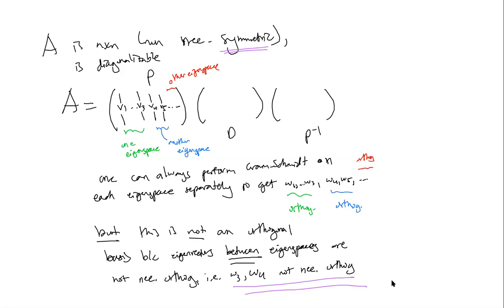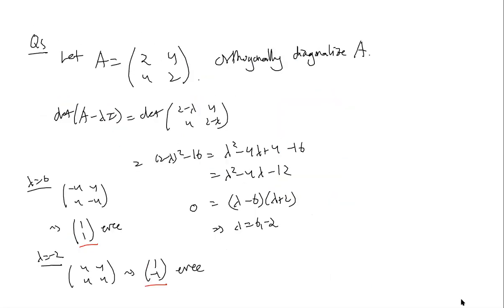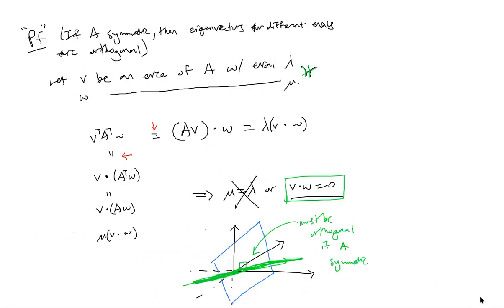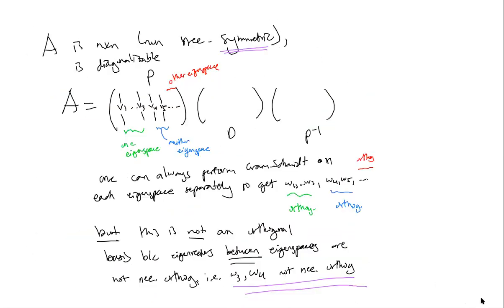There are kind of two parts to this theorem: it's diagonalizable, and it's diagonalizable with an orthogonal basis of eigenvectors. So what we proved here is that if it's diagonalizable, then it's orthogonally diagonalizable, if we assume symmetric. But we didn't actually prove that it was diagonalizable to begin with. And that's not something we're going to do, at least in this section.